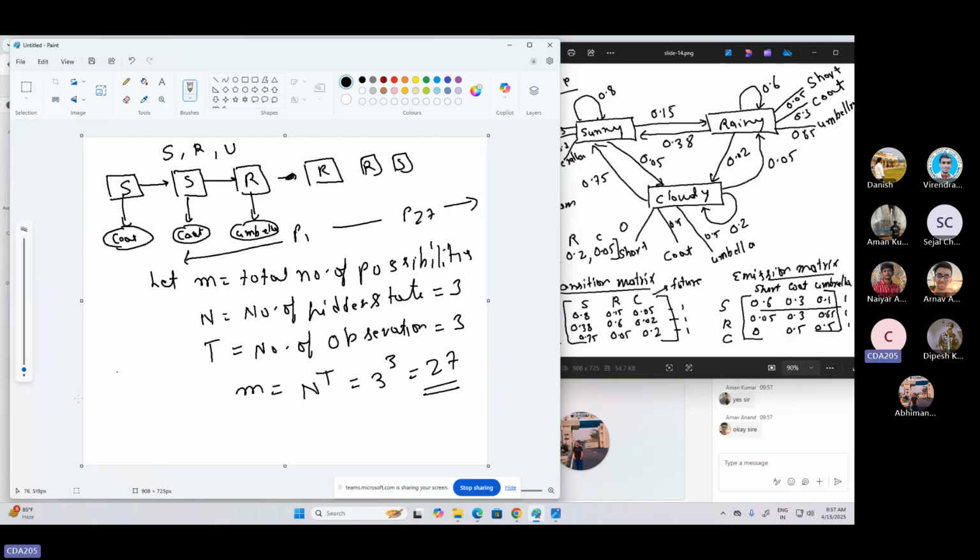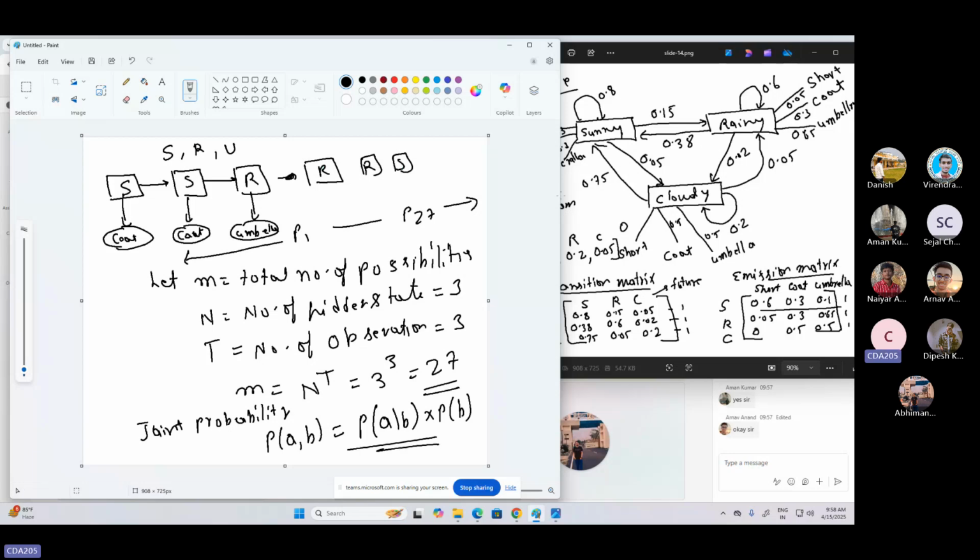Okay. Now, everyone knows what is the formula for the joint probability? Can anyone write the formula for the joint probability? P(A,B) is equal to P(A|B) into P(B). This is the joint probability.